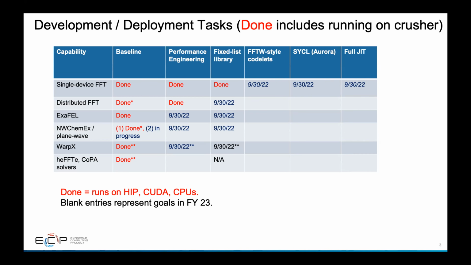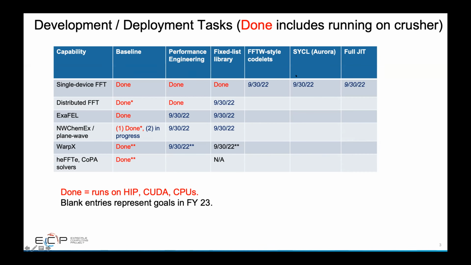We need to provide the device level FFTs at the appropriate sizes and have them be specified at runtime, which means that we need to decide on one of these or the other and deploy them. That's the point at which we will deploy with Hefty and Copa. We know what else we need. We know what the library interfaces need. We did the scoping study, but part of the scoping study, the answer was we can't use fixed list libraries. So that's on our list as well.